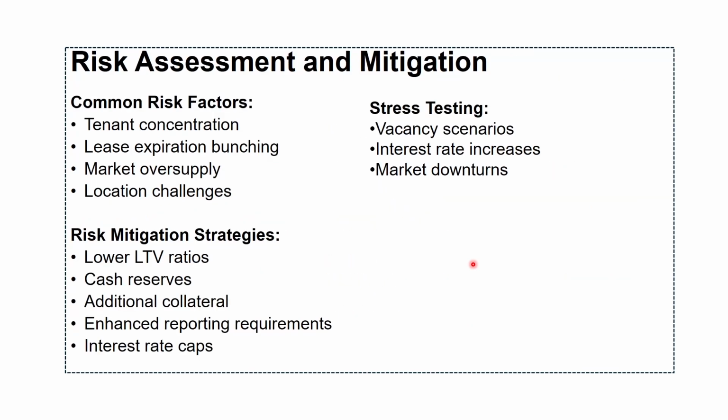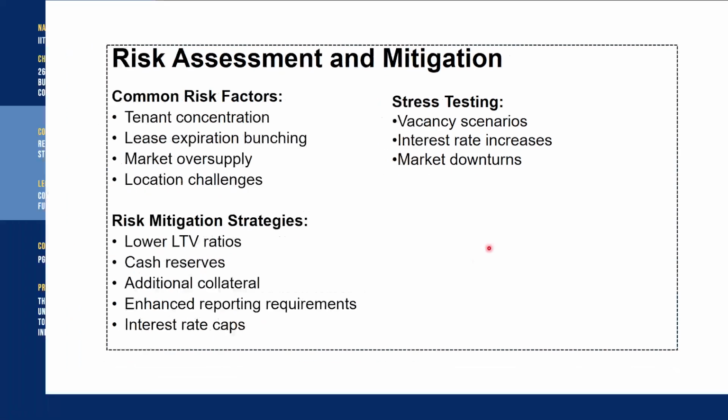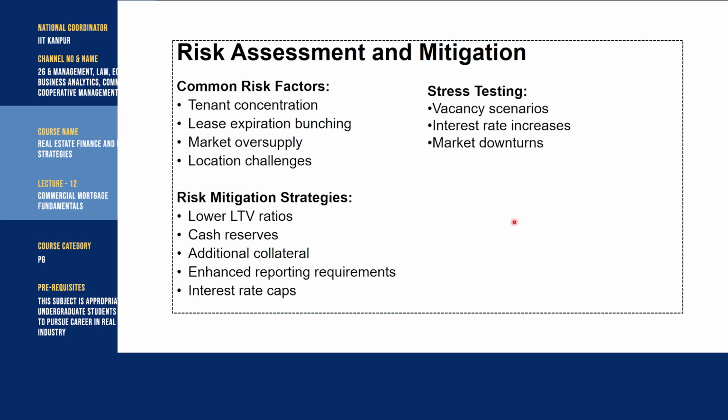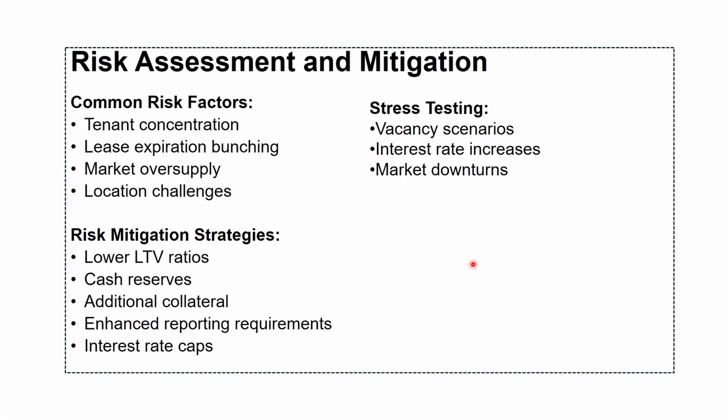Then we have risk assessment and mitigation. The common risk factors we have start with tenant concentration. In some situations, we have this issue of tenants of a specific type concentrating in an office building, and that may not be a very good sign. If something happens to that set of businesses and the industry overall gets impacted, and most of the tenants are of the same industry, then that can be a risk factor.